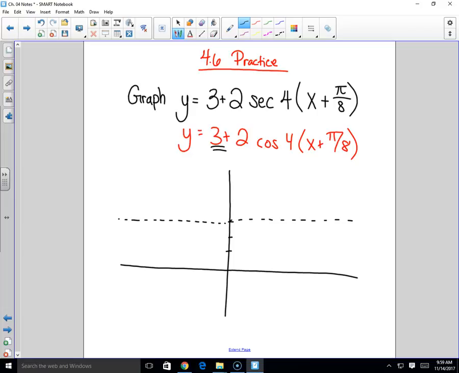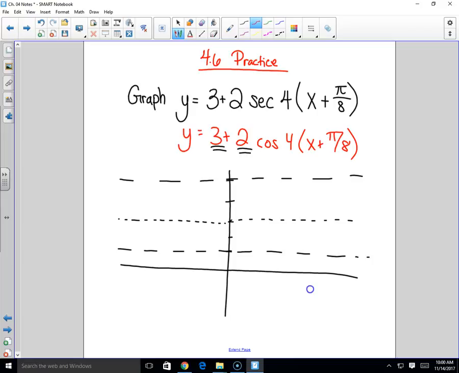That's why the middle of the graph came up 3. But then, what's that called? Remember? It's how high, how low. Amplitude. Amplitude is how high, how low the wave goes, right? So we need to go 2 up and 2 down. So I'm going to go ahead and do the upper bound and a lower bound.